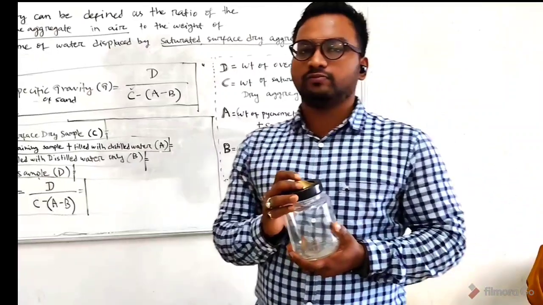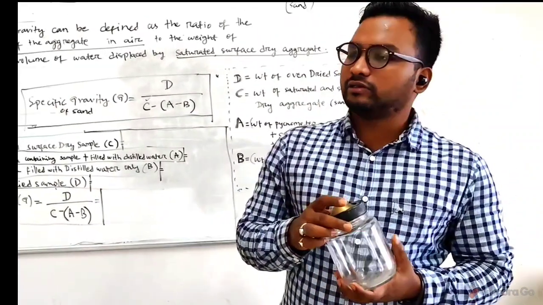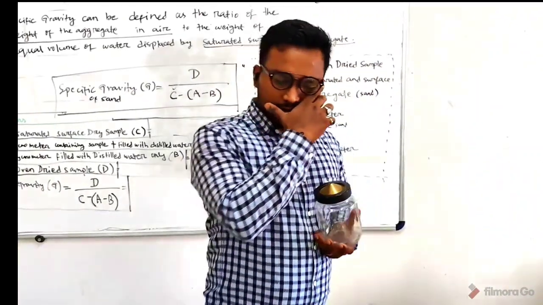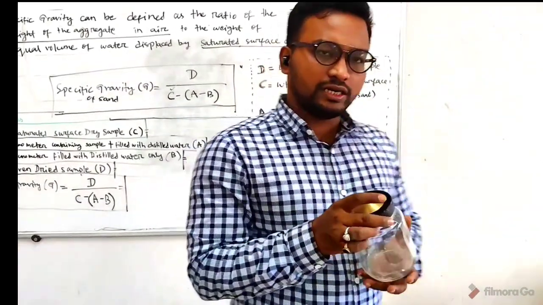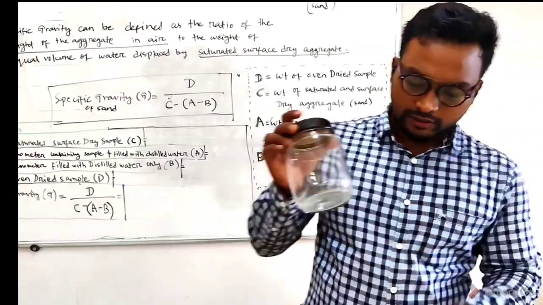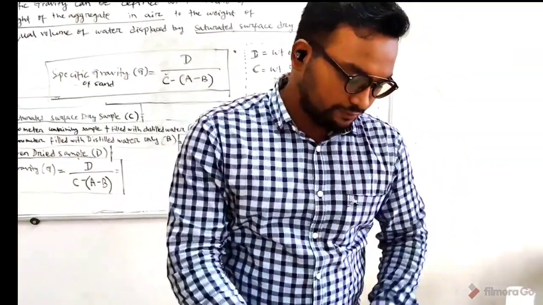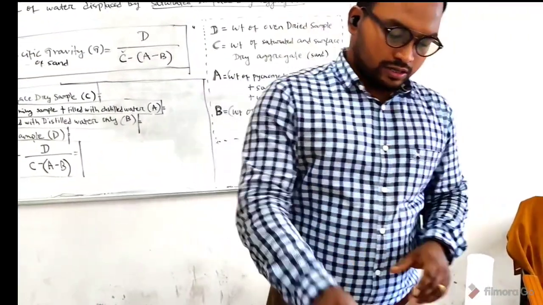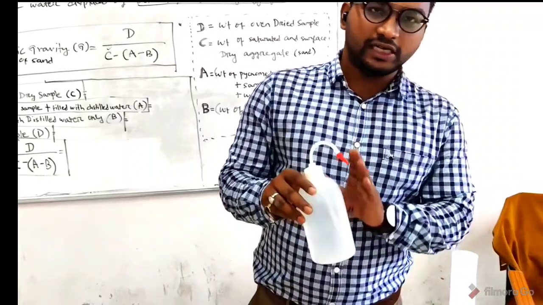You can use density bottles and normal glass container. But for this particular test, we are going to use pycnometer. This is standard equipment used in labs. This is wash bottle filled with distilled water.